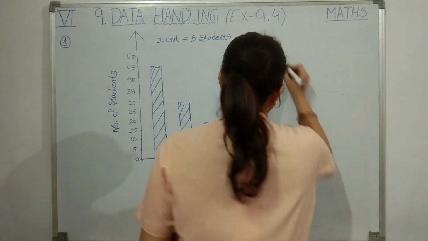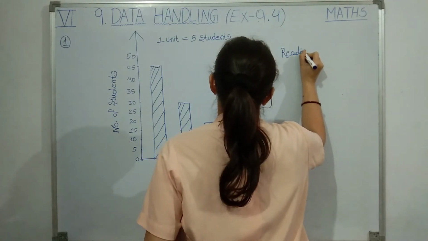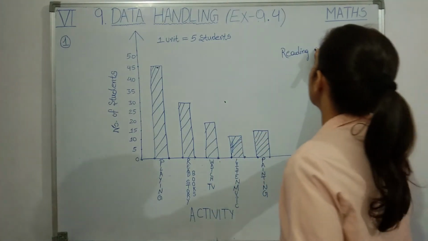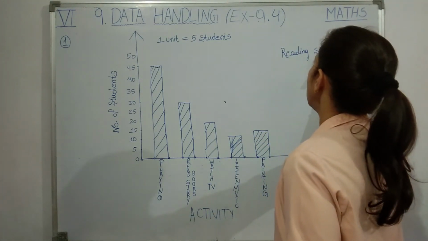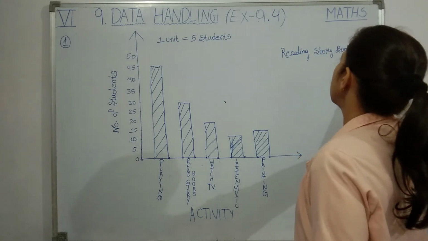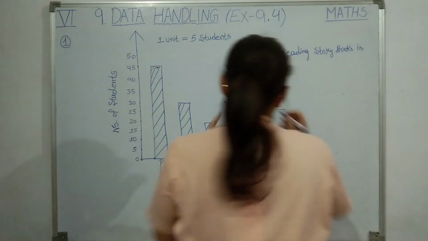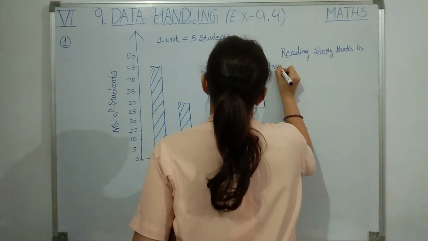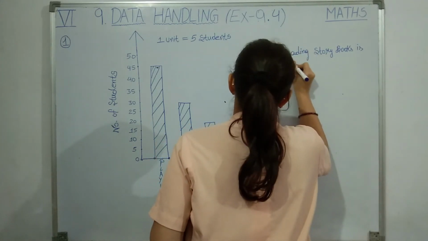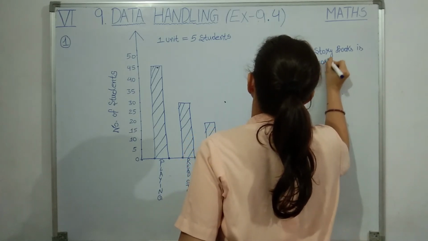So here, on the next page, not on the bar graph paper, just the page next to it, you can write the answer. Reading storybooks is preferred by most of the students other than playing.